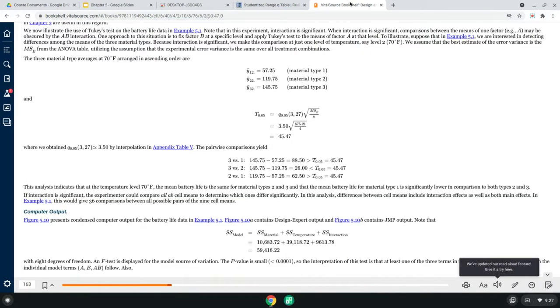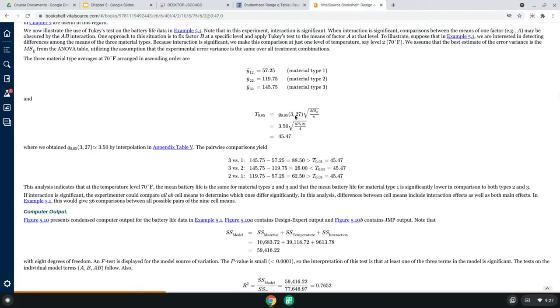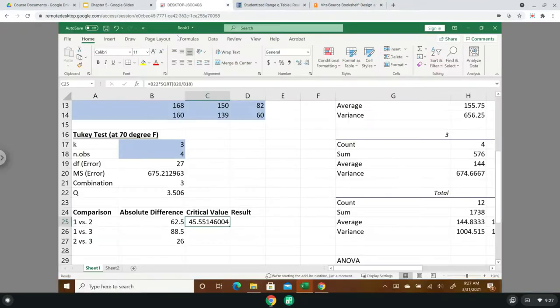I have it in the book also open here. So you can look at this. The critical value is the Q value at alpha 0.05, three material types, 27 degrees of freedom, times the square root of mean square error divided by n, which is 4, the number of observations. So that's good.